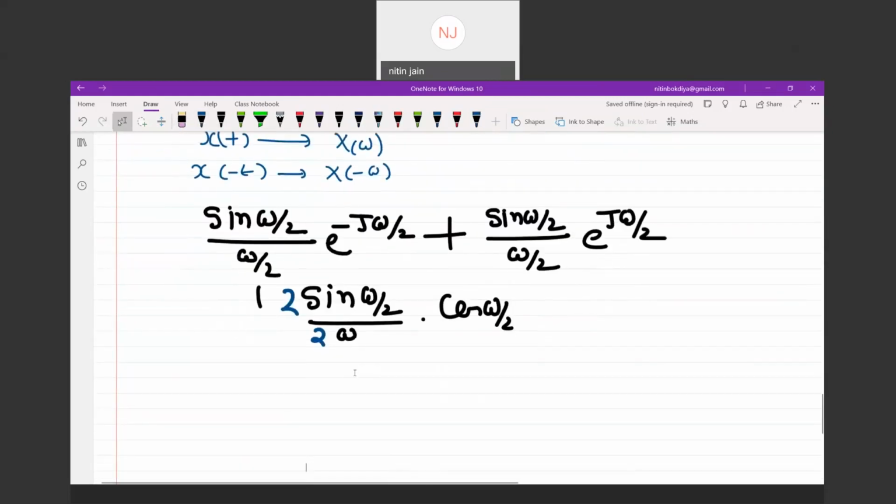So the function will be what? The function will be sine of omega divided by 2 omega.